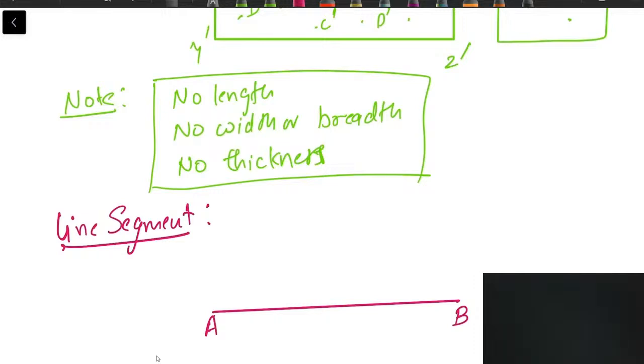So this AB, this A and B, we are representing as a line segment.